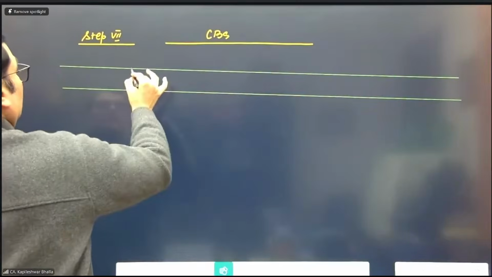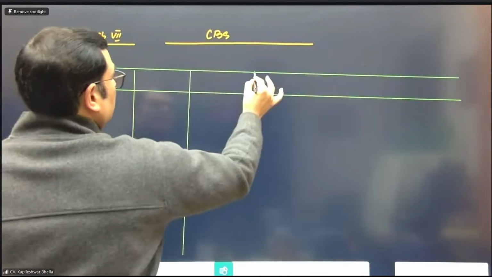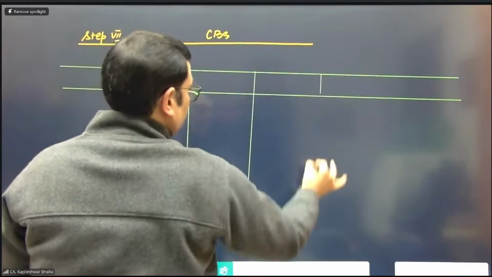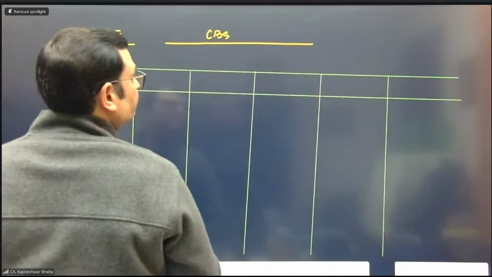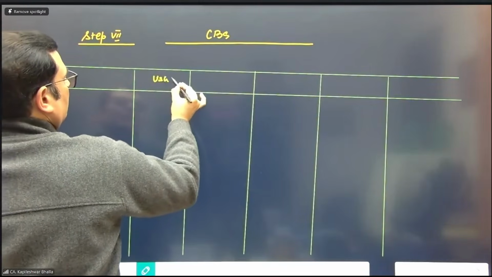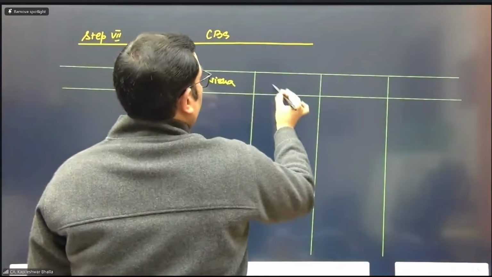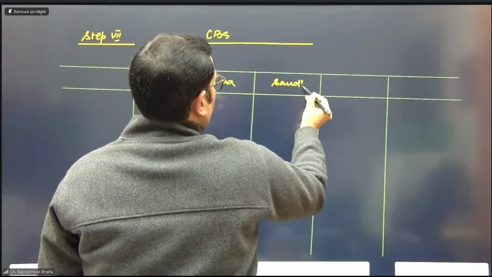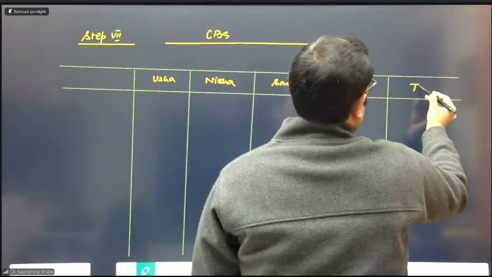So let's organize the information: the parent company, the two subsidiaries, adjustments, and the total. So this is, I guess, Usha, Nisha, then Sandhya, then there are adjustments, and then there is the total.